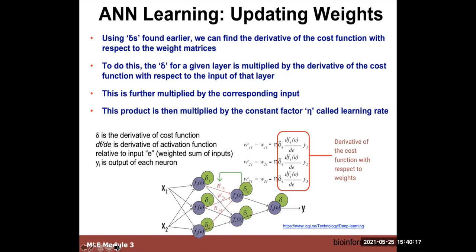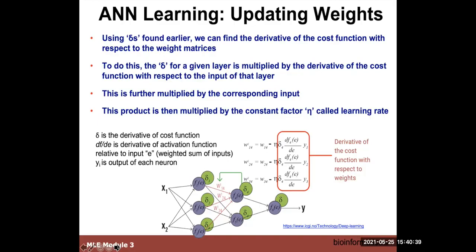So with those derivatives of that cost function, which let's say for now is a cross entropy, we can multiply the derivative of that cost function with eta, which is the learning rate. And then there are the deltas, which are, if you want, the weights.